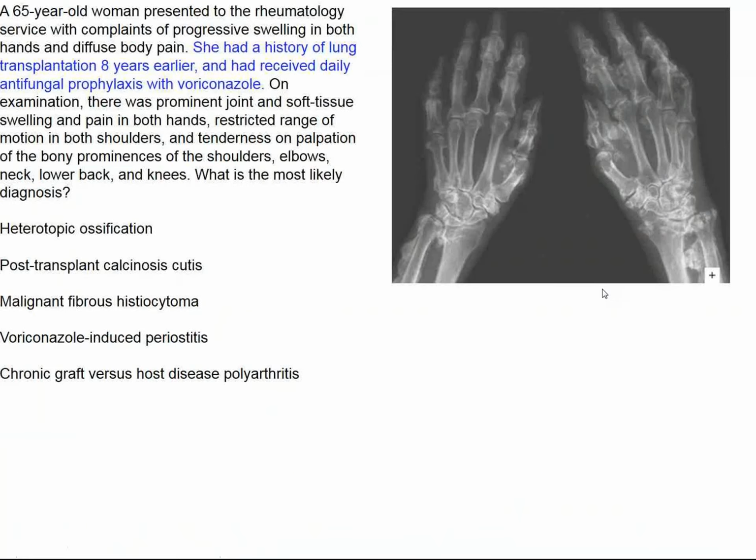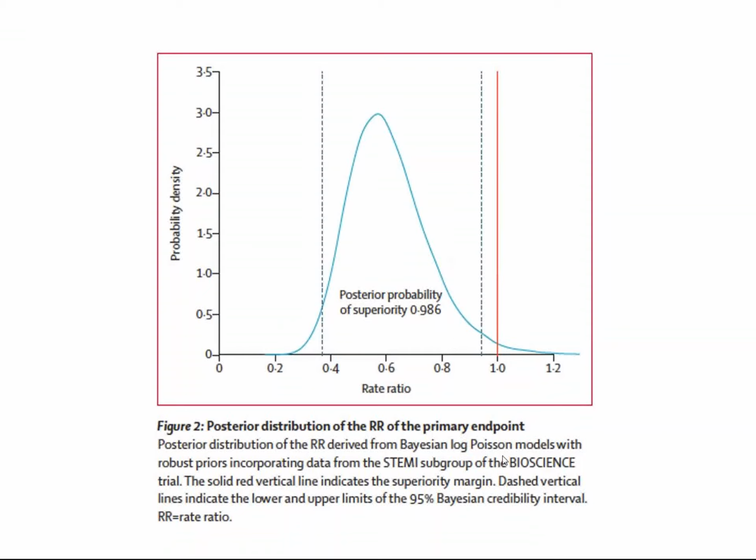And if we look at this Bayesian analysis, I didn't really understand it. But basically, the authors argue that the resorbable stent is better on the basis of this Bayesian analysis. And if you're an expert in this, and if you know something about Poisson distributions, you can look at these distributions, but I wasn't that impressed.